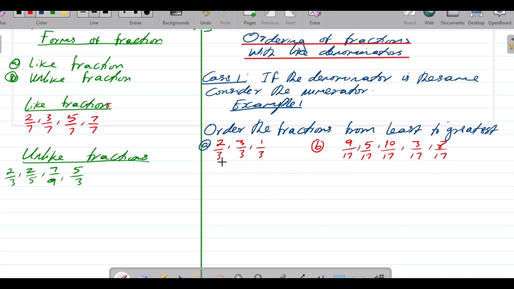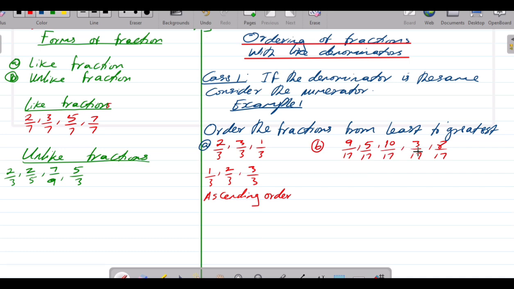So in other words, the examiner wants us to arrange these numbers in ascending order. To arrange this now, we have 1 over 3, followed by 2 over 3, followed by 3 over 3. This is ascending order. Now the next question, let's arrange these numbers in ascending order as well, from the smallest number.